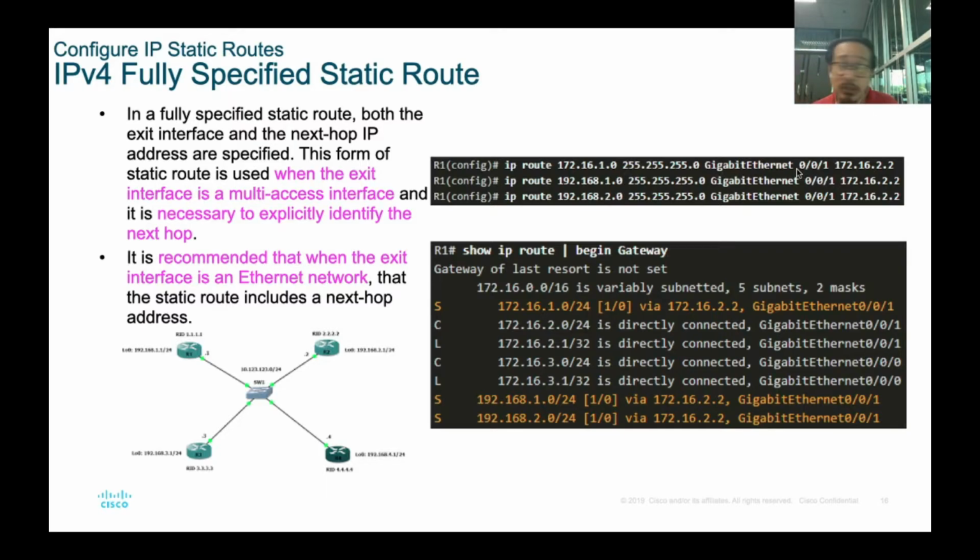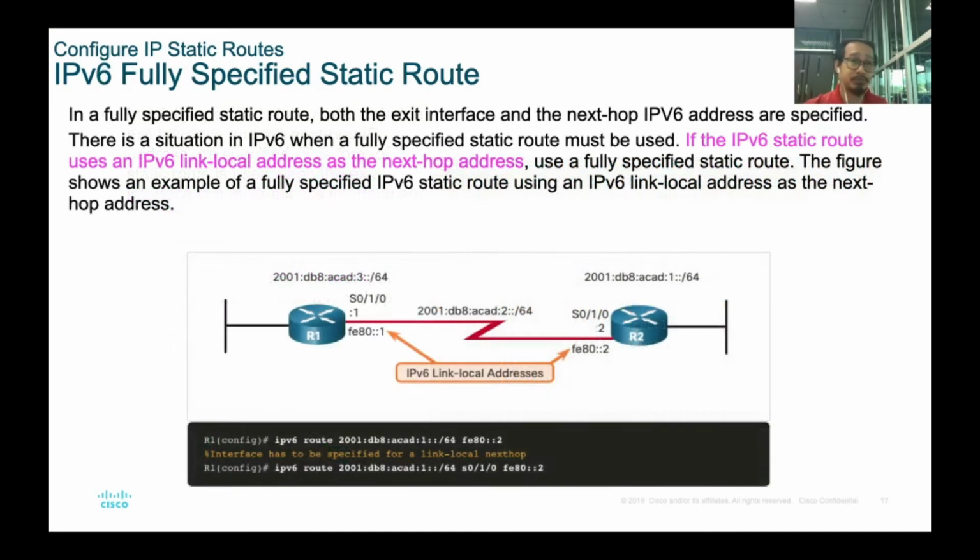Gi 0/0/1 is accepted in our router, followed by the next hop. We have multiple next hops here, so we must pick the correct next hop in order to go to that particular network. In our IP routing table, it will be listed with both via and the GigabitEthernet exit interface, so it's faster for the router to look up.